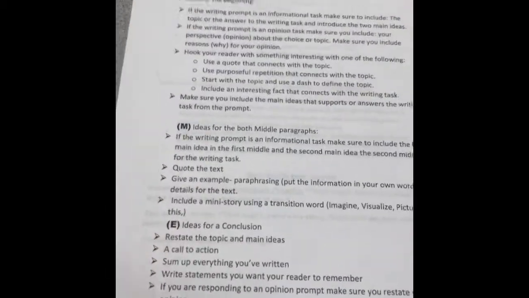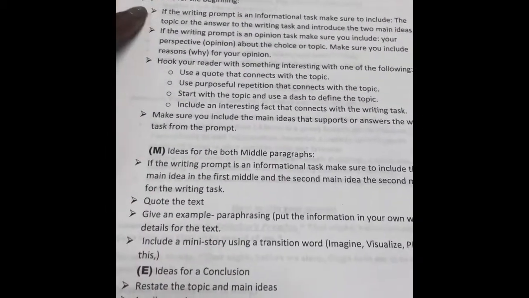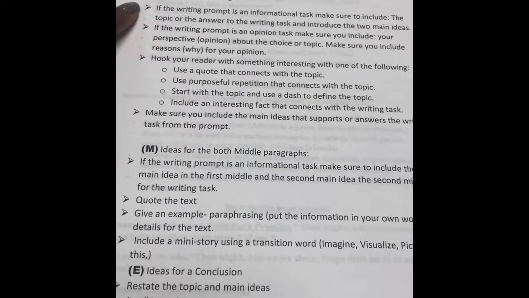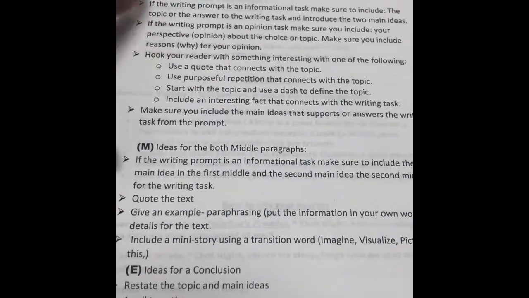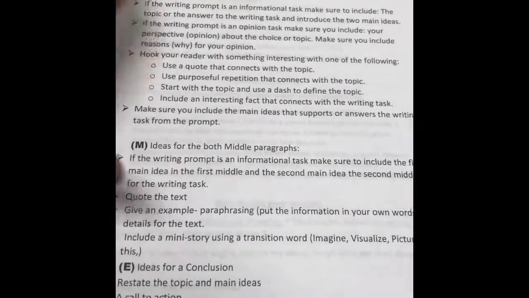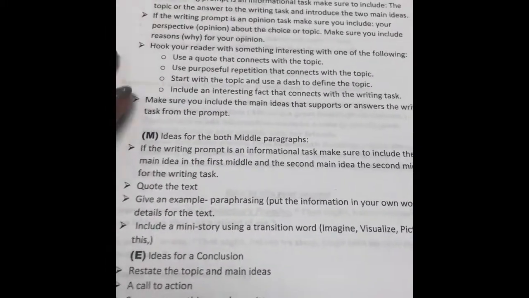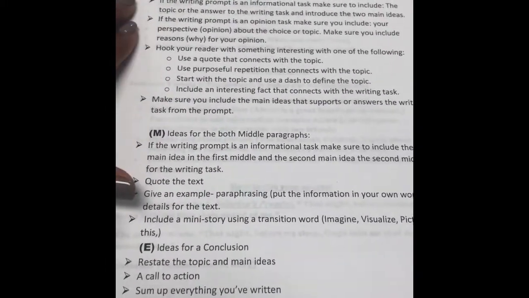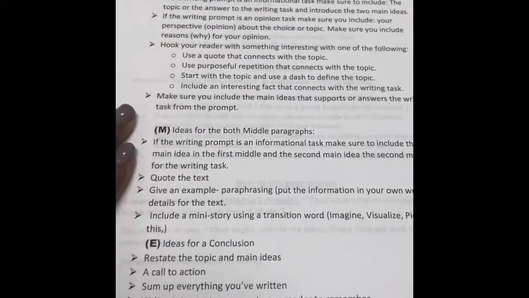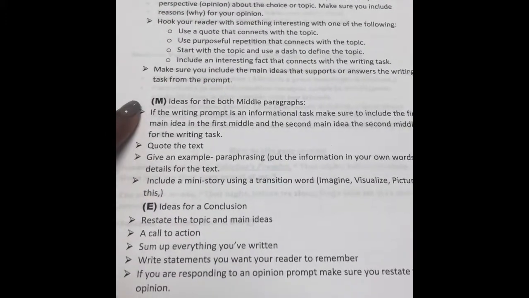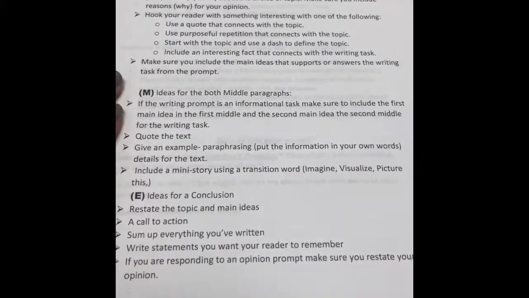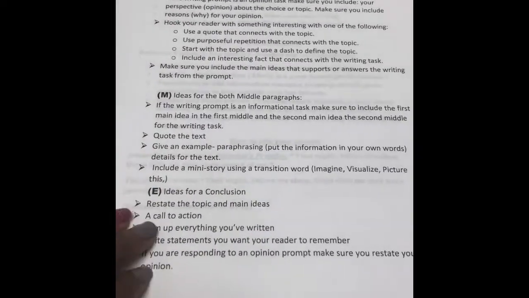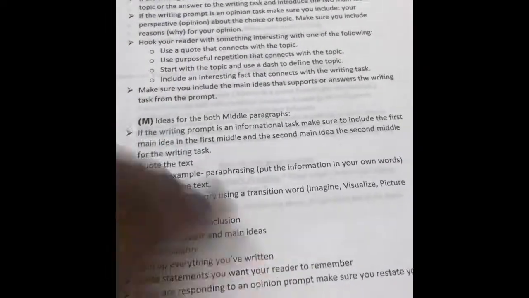I sent home today a paper that looks like this. It gives you some ideas of some of the things that we've learned in class, just some quick notes, nothing too detailed: ideas for a beginning, ideas for both middle paragraphs, and ideas for a conclusion or that ending.